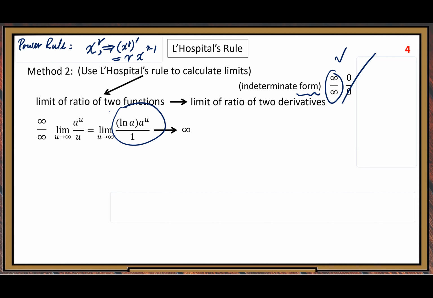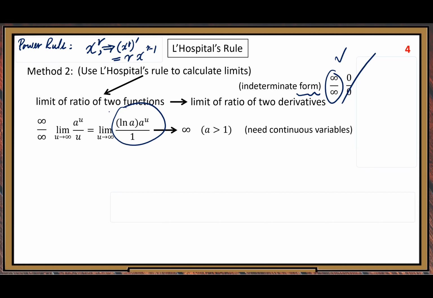Here I showed you how to use L'Hopital's rule to calculate the limit of two functions. That was the first example. But here, another thing: I said we want to do this kind of calculation rigorously.